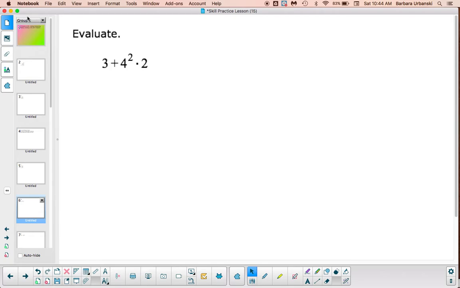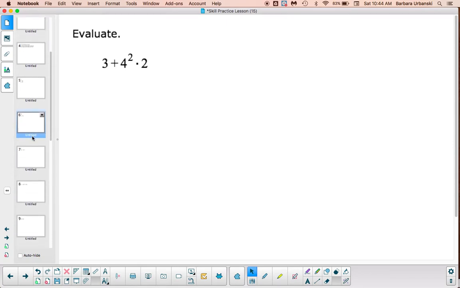That little dot means a multiplication sign. And I don't know if you know this or not, but 4 to the second power means 4 is getting multiplied by itself 2 times. Give it a try, see if you can do the work. If you can't, put a little question mark so that I know that you need more of an explanation.